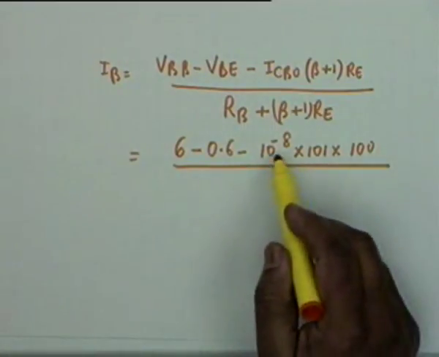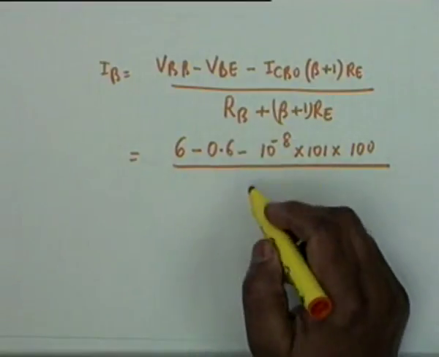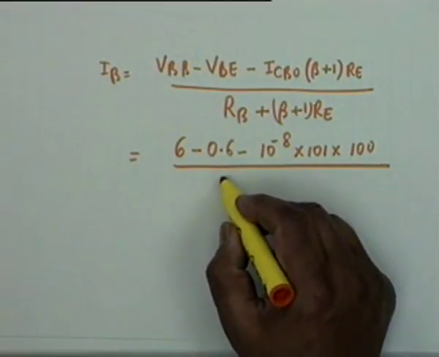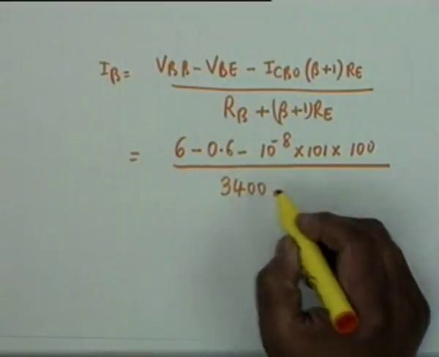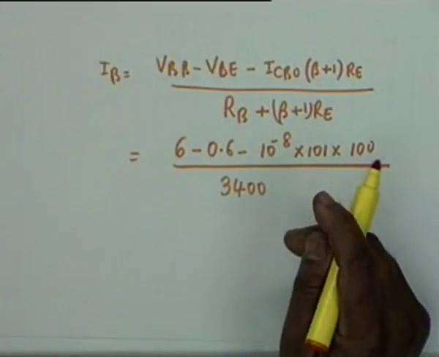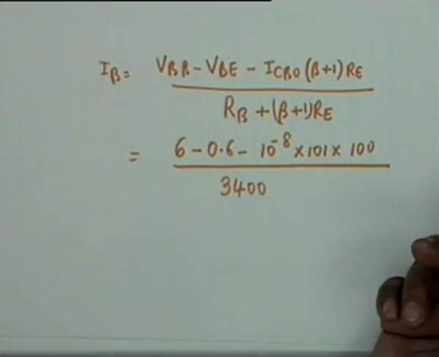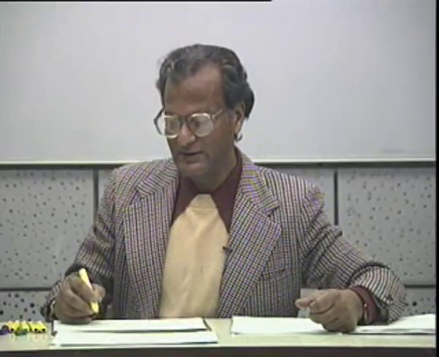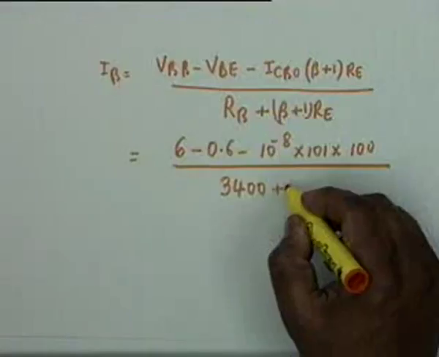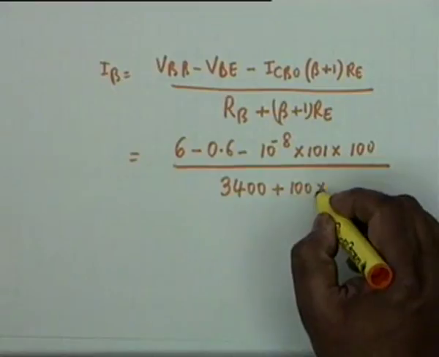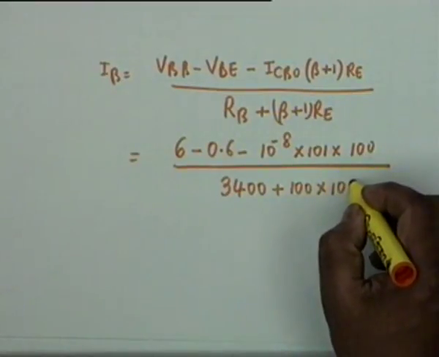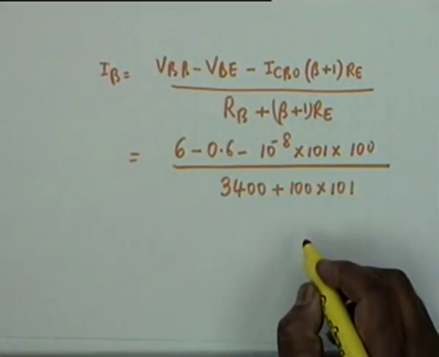Yes, sir. Therefore, it can be ignored. Okay. Divided by RB, which is the parallel combination of 6.8K and 6.8K, so it is 3.4K, 3400 ohms plus 100 multiplied by 101. Agreed?